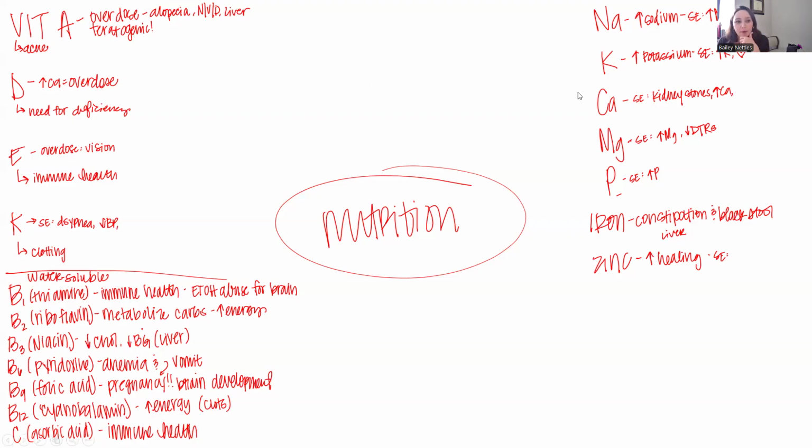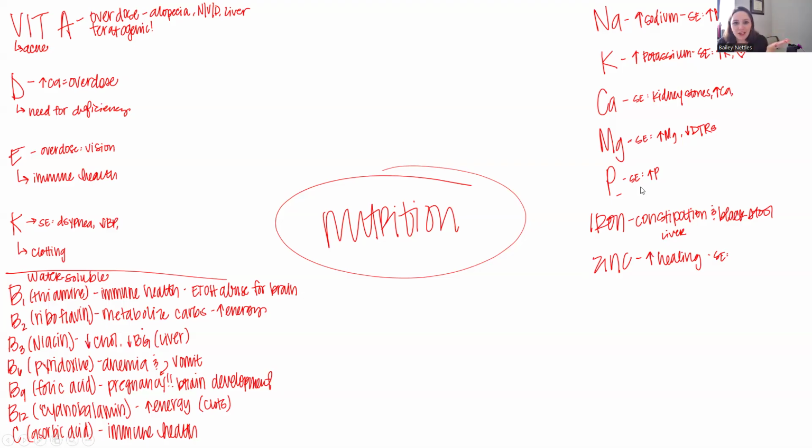And then we have our electrolyte salts. So guess what you have? If you take too much sodium, guess what you have? Increased sodium. So we've got to monitor sodium, we've got to monitor water. Potassium, increased potassium, monitor your heart. Calcium, monitor for kidney stones and hypercalcemia. Magnesium, decreased tendon reflexes, increased mag.